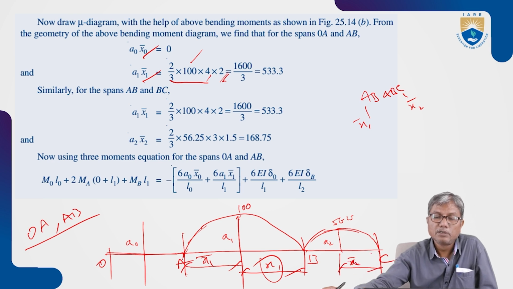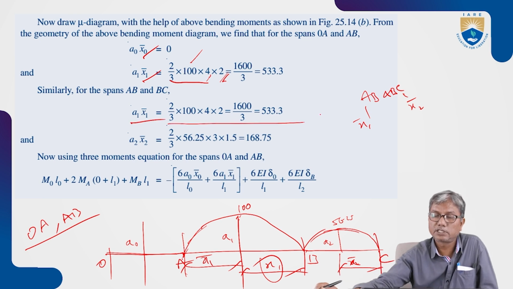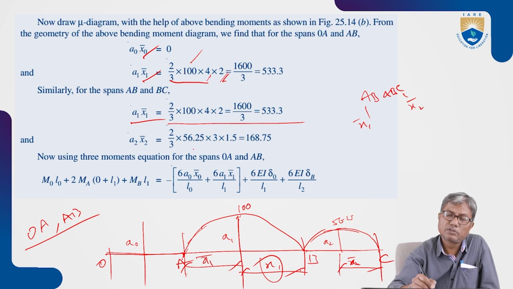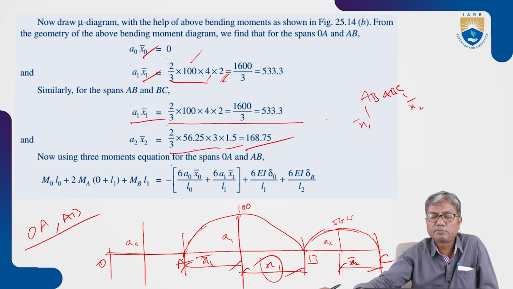And what is A1 x1 bar? Just now we have calculated, which is 533.3. And A2 x2 bar: area is 2/3 BH, and the distance of the centroid comes out 168.75.